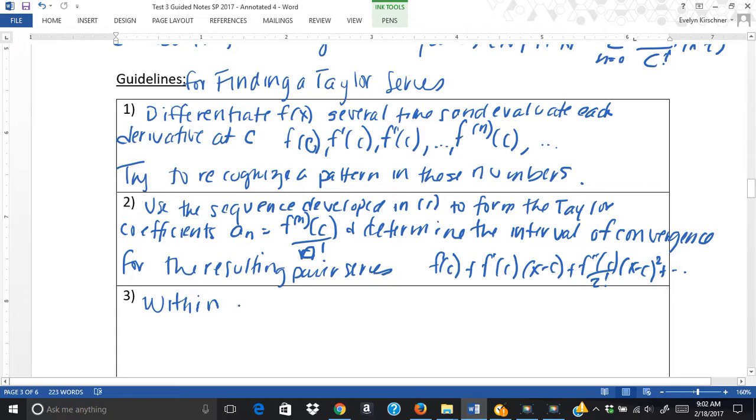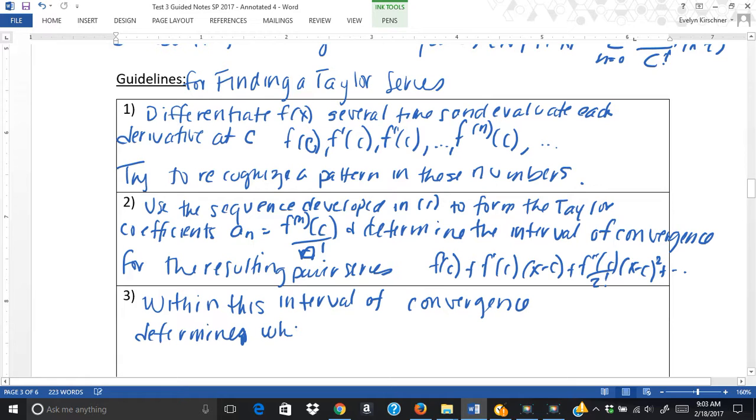Within this interval of convergence that we found for the power series, we have to see if the series actually converges to the function that we're trying to approximate. So we're going to use those in some examples.